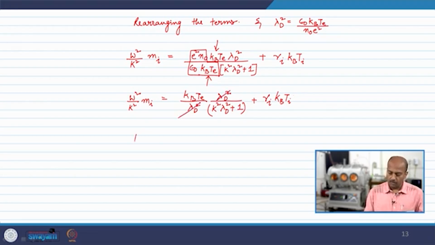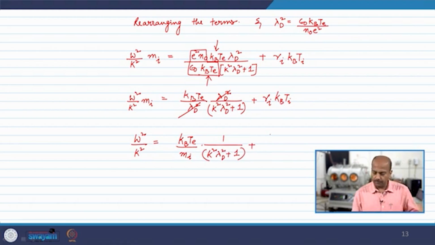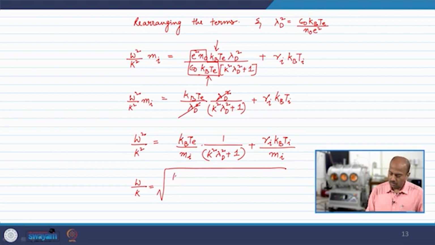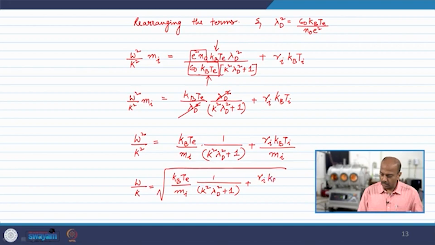So this gets cancelled. So omega square by k square is equal to kBTe by mi times 1 by k square lambda_D square plus 1 plus gamma_I kB Ti divided by mi, or omega by k is under root kBTe by mi into 1 by k square lambda_D square plus 1 plus gamma_I kB Ti by mi.